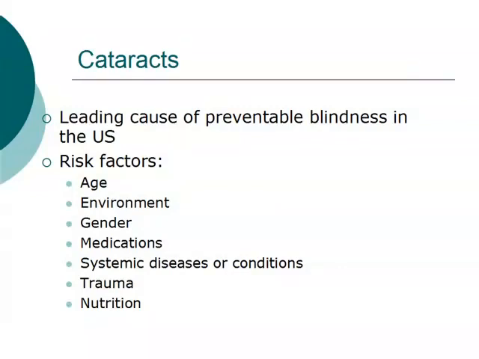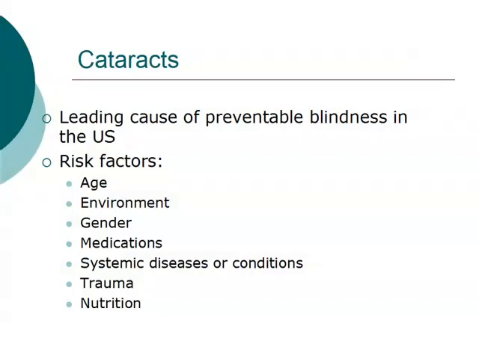Environmental factors are also risk factors, especially for patients who are exposed to UV light rays on a routine basis, maybe because they work outside or are outside quite a bit. It's very important that they wear good sunglasses to protect their eyes from the ultraviolet rays. Cigarette smoking and heavy alcohol consumption can also increase the risk of developing cataracts.